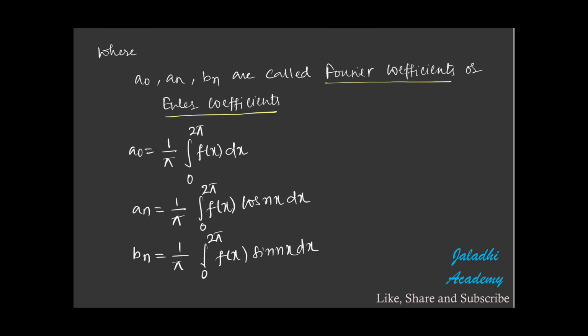If we observe this Fourier or Euler coefficient, it has the terms cos nx and sin nx.